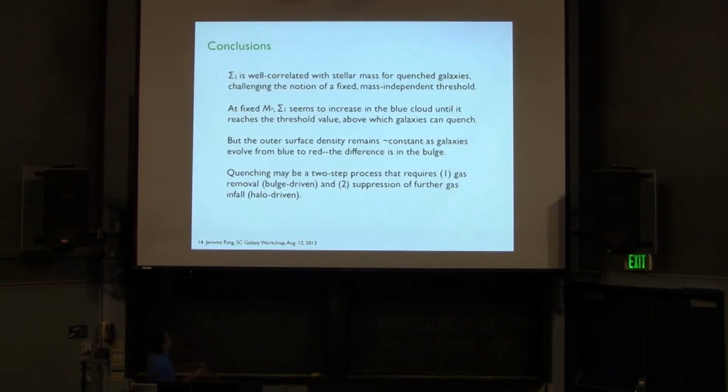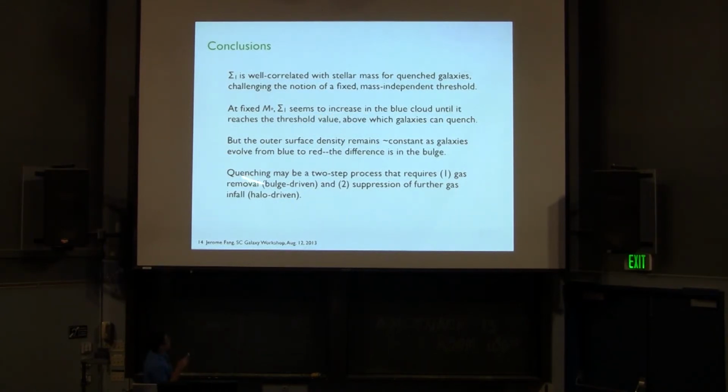Okay, summarizing it all. Sigma 1, this inner mass density, is well correlated with stellar mass for quenched galaxies, which suggests that the quenching threshold is not fixed, that it's not mass independent. If we look at evolutionary tracks at fixed stellar mass, we see that sigma 1 increases within the blue cloud until it reaches a threshold value above which galaxies are able to quench.